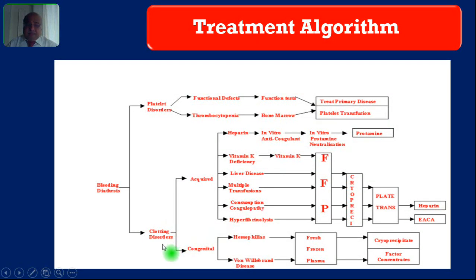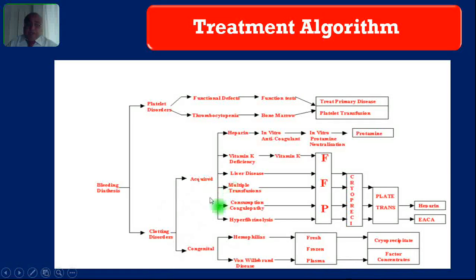Clotting disorders again may be congenital or acquired. The congenital clotting disorders are Hemophilia A and B or von Willebrand disease. These can be treated by fresh frozen plasma, or if you know it is Hemophilia A, you can give the specific individual factor, or you can give cryoprecipitate or the factor concentrate.